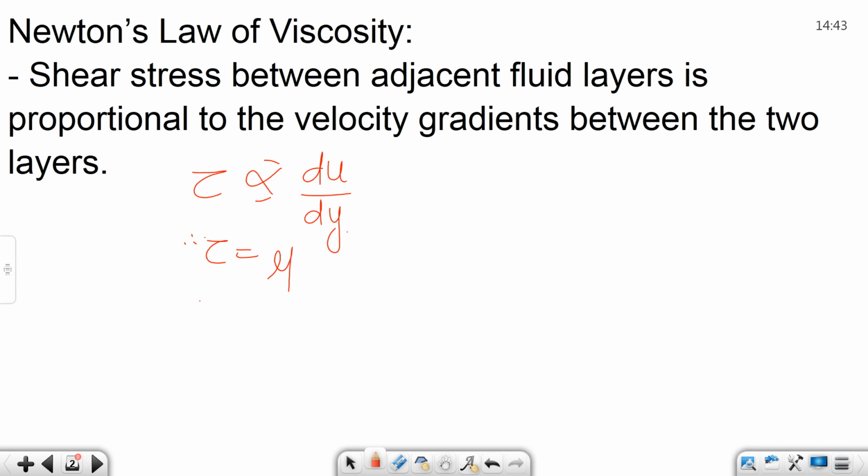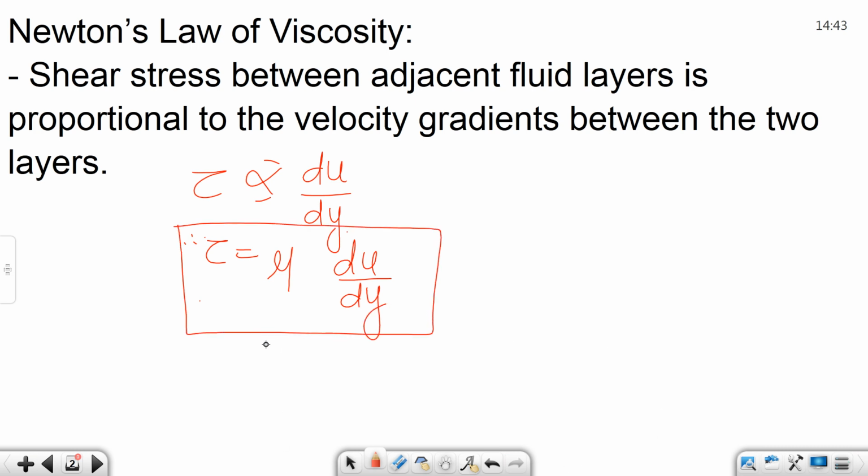So tau is equal to mu into du by dy. This is Newton's law of viscosity, where mu is the constant of proportionality, which is called dynamic viscosity, or only viscosity.